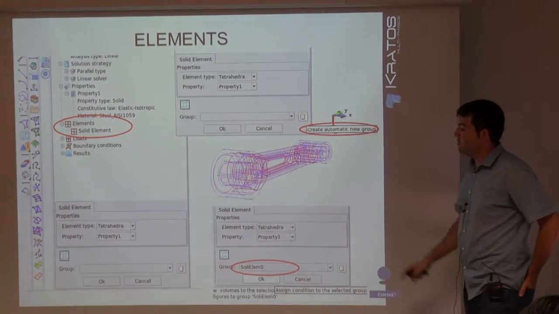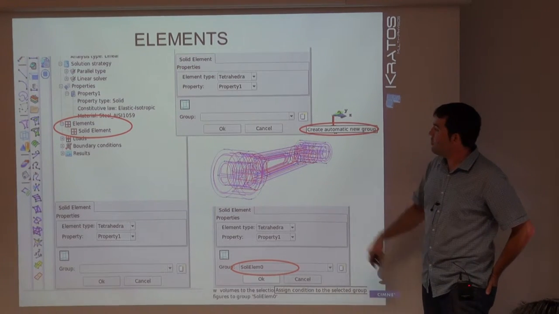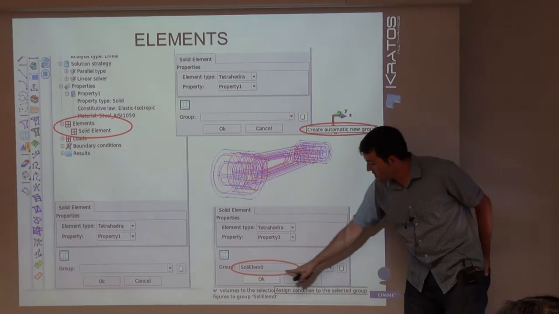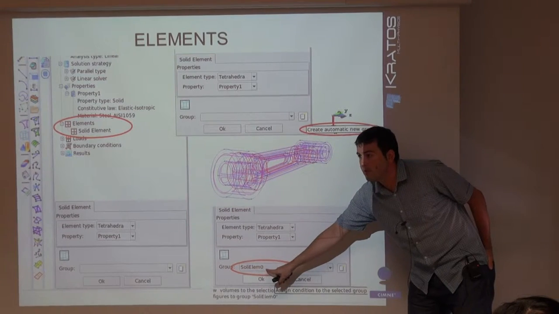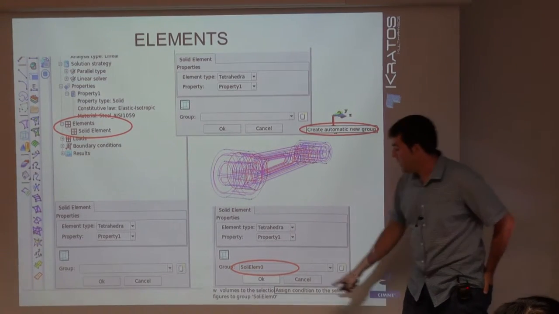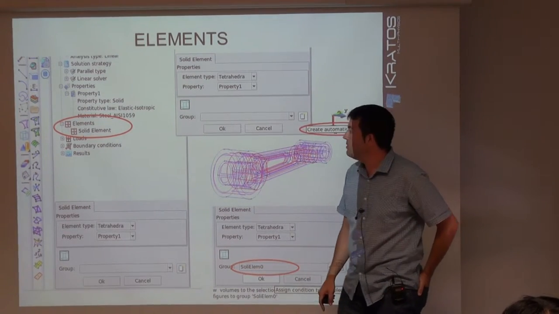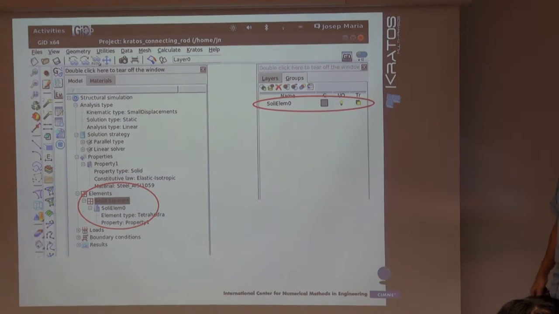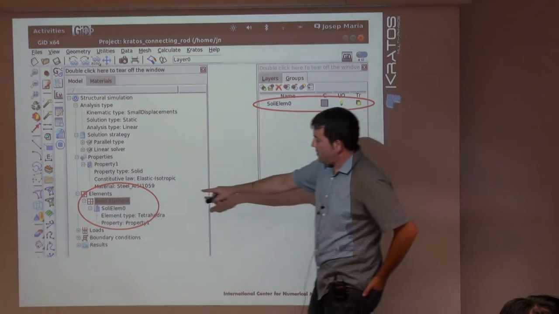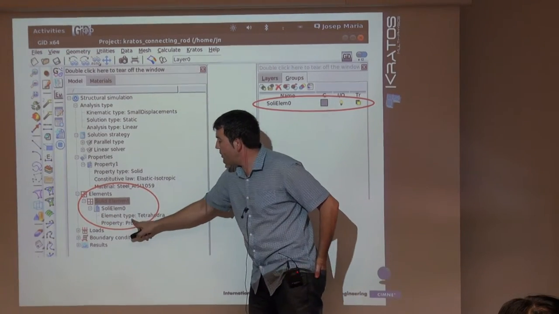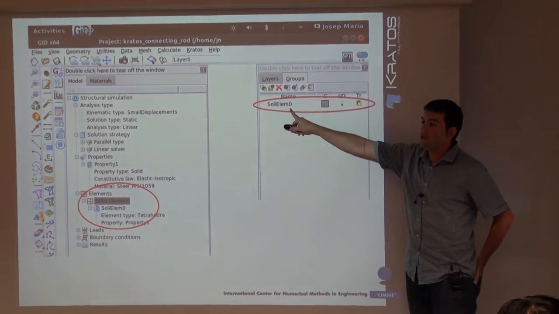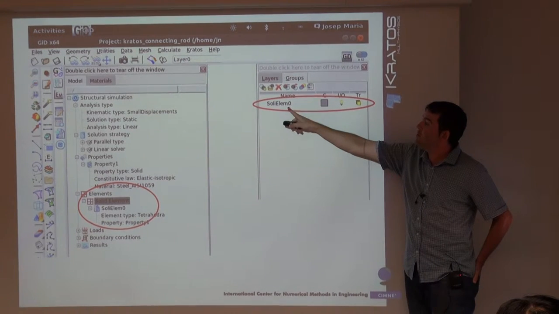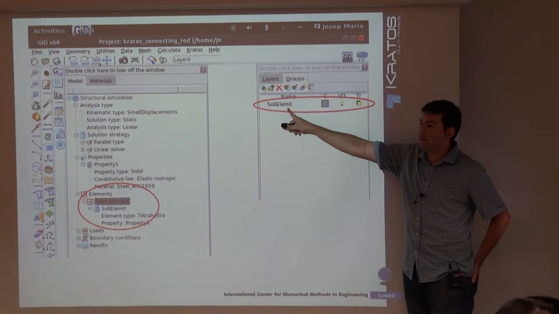So I create the group, I select the volume, and the group is created with this name, solid element 0, right? And after that, I press OK, and the new elements are assigned to this group, and it appears here. This solid element group appears in the groups window when it is created automatically.